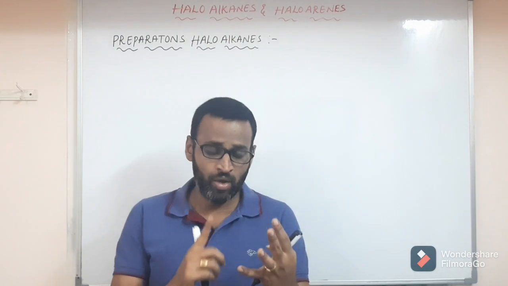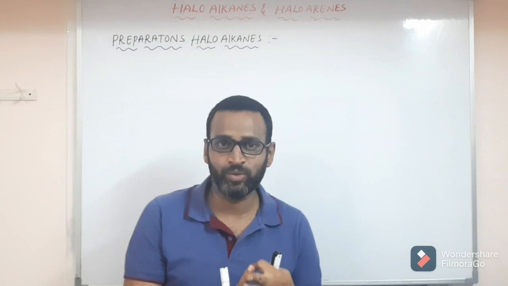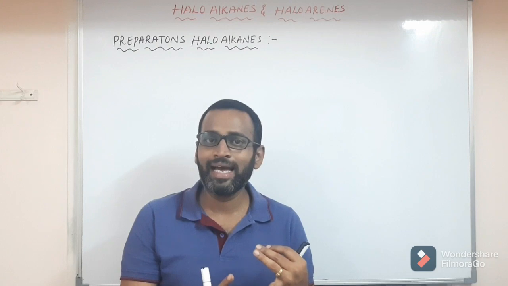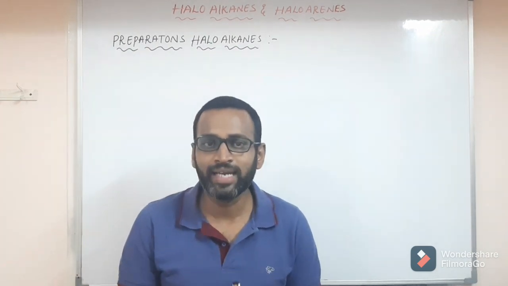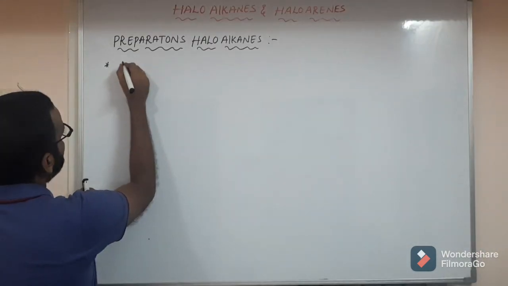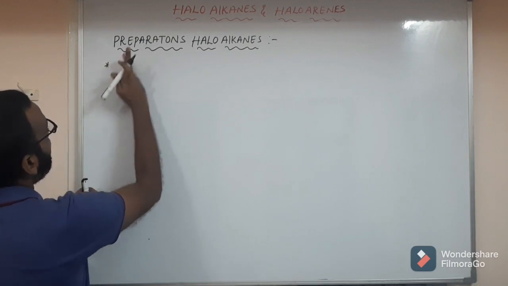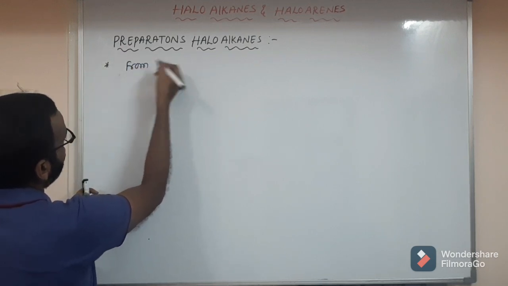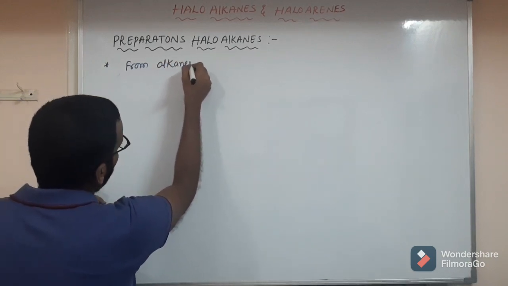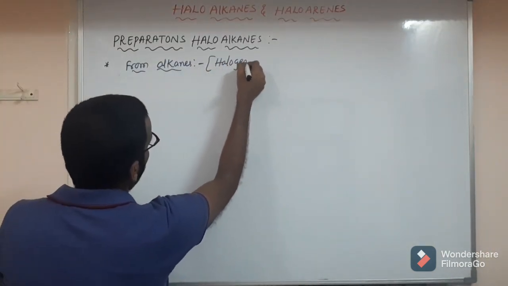Alkanes with the halogen directly give haloalkane by free radical mechanism. This is very important. Next, preparation of the same haloalkanes from alkanes, which we simply call halogenation.